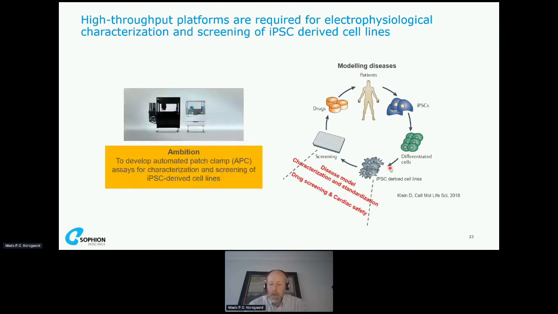And then you can use those cells for disease models, for drug screening, and for cardiac safety. Applying that to automated patch clamp can give you the statistical power, so to speak, because you have so many experiments that even if it's still difficult to obtain high success rates, you can get substantial numbers to get a solid readout.